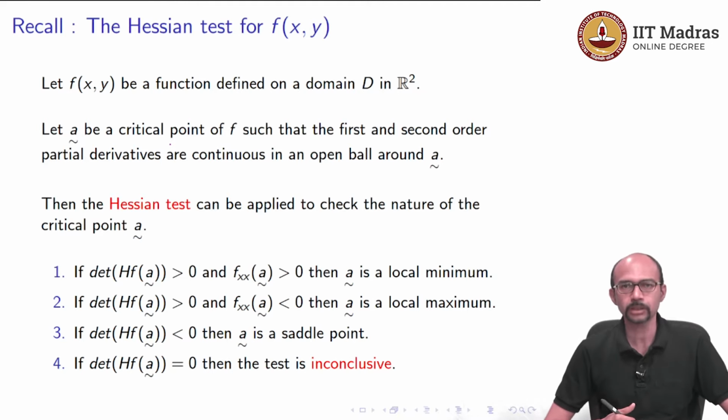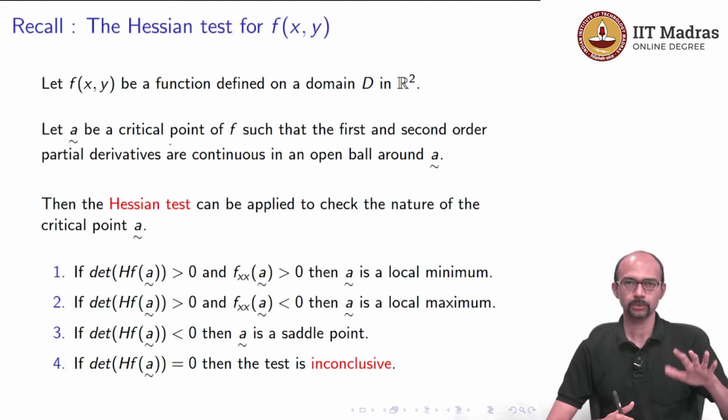Okay. So, we saw some examples of this test. We also saw that it told us the answer in some surprising cases, whereas in some cases where it was obvious what the answer should be, it turned out to be inconclusive. So, the test is double-edged. Sometimes it will work in situations where you really do not know what is happening, and sometimes it will not work even though you absolutely know what is happening.